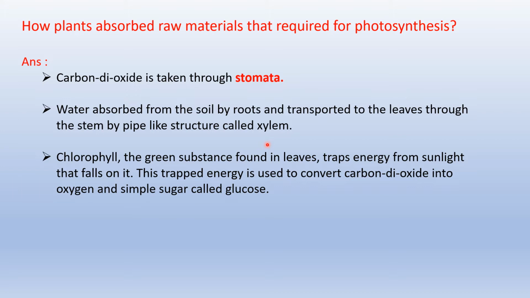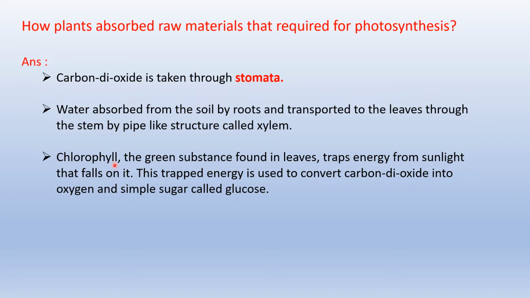How will it go from the root to the leaves? In the plant body there are pipe-like structures called xylem. Through the xylem, the plant can send the absorbed water from the root to the leaves.